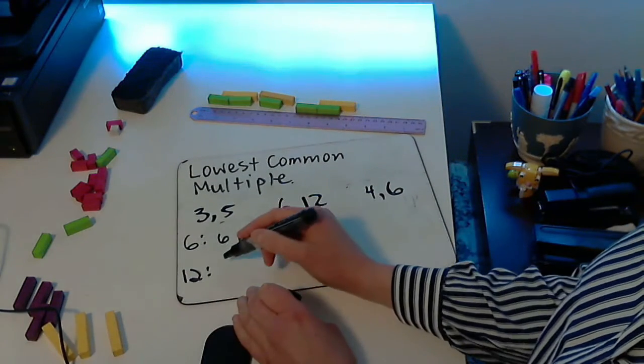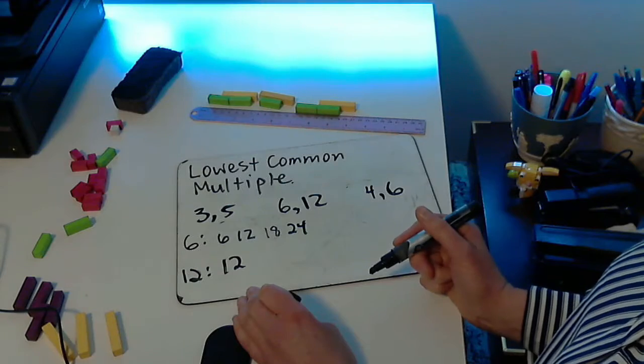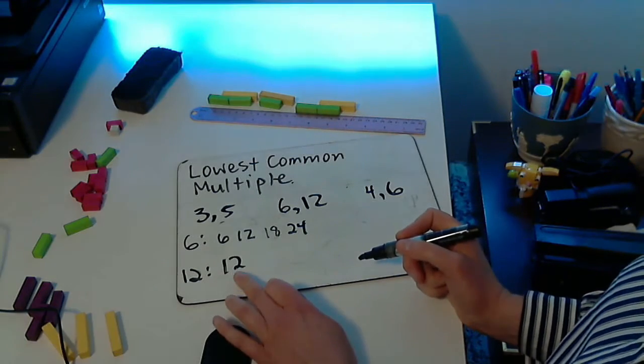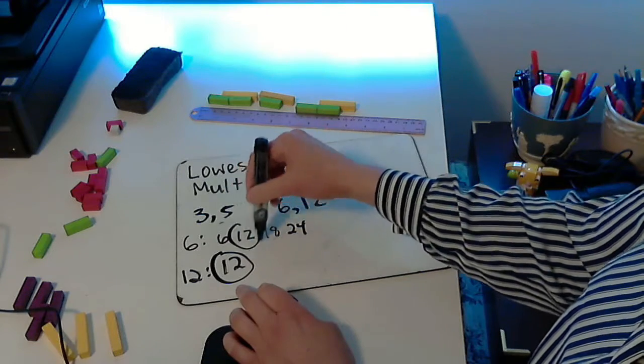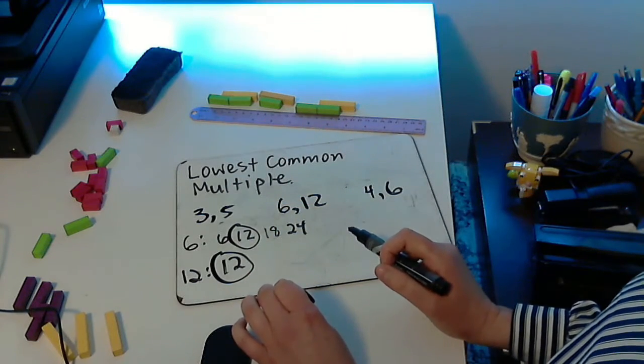Multiples of 12, well, as soon as you write down the 12, you've got a number that's common to both of them. So the lowest common multiple of 6 and 12 is 12.